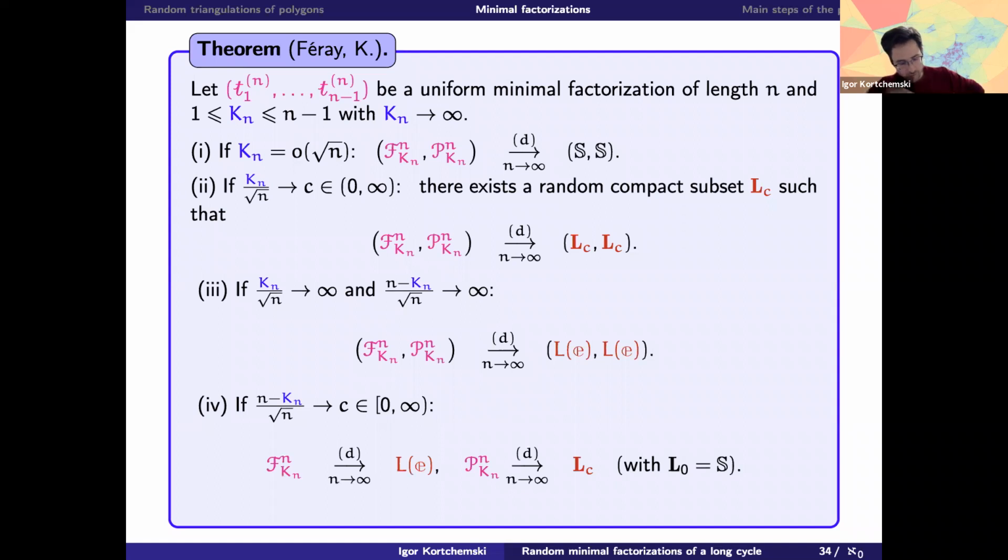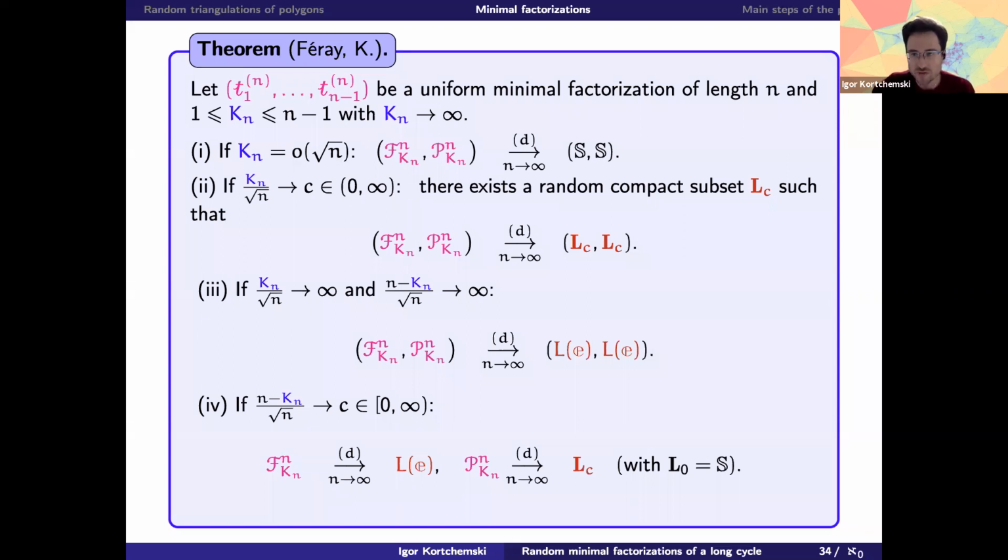And in the last regime, the non-crossing forest still is the Brownian triangulation, but the non-crossing partition sort of decreases back to the circle going through LC. So this is our main result. And I will describe just a bit later what is LC.